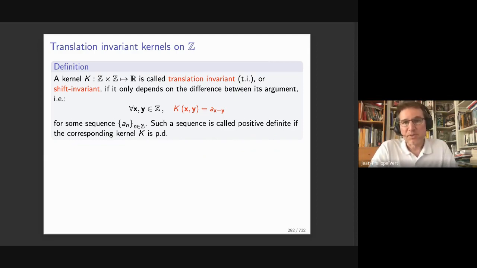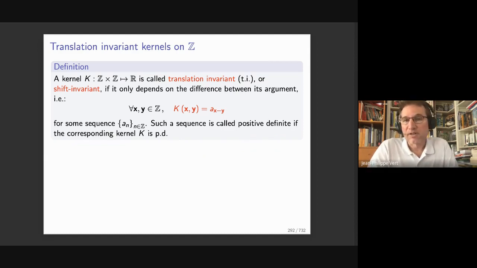So for the symmetry, we immediately see that K(y,x) is equal to a_{y-x}. So K will be symmetric if and only if the sequence a is symmetric around 0, meaning a_t is equal to a_{-t}. So this would be a first constraint that we need to have on a for the kernel to be positive definite.